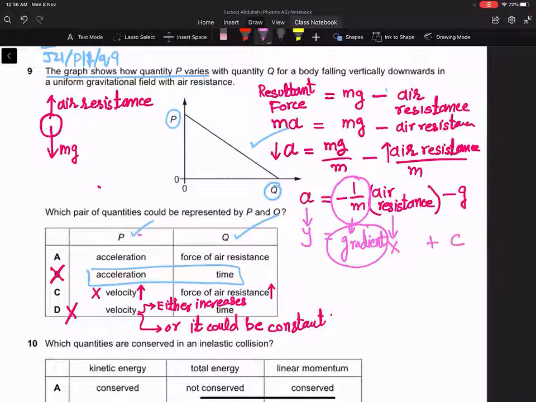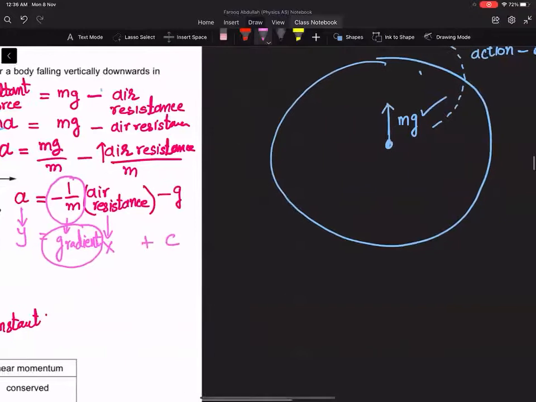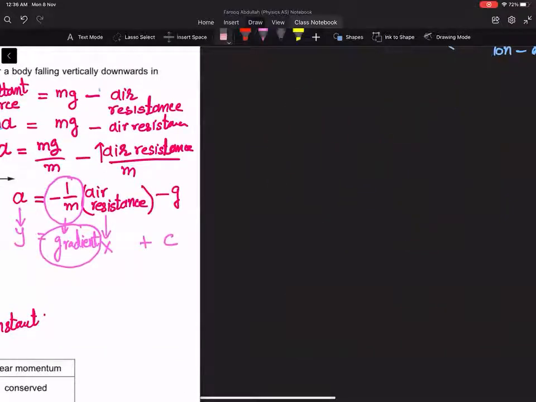So if we make a comparison of the two equations, we can write y is equal to mx plus c.